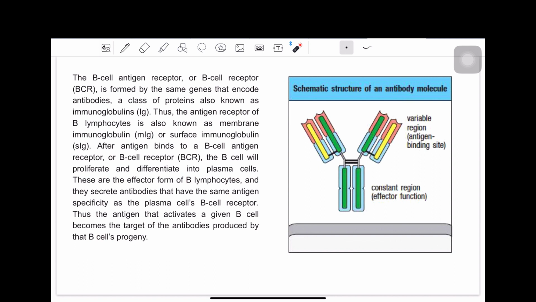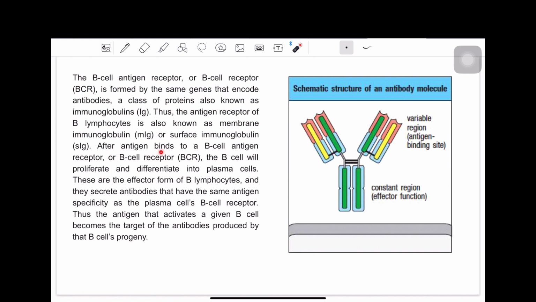It has a transmembrane part of this protein, which helps it to attach to the membrane, and that is why it is called the membrane immunoglobulin, or you can also call it surface immunoglobulin. Whereas the antibody molecule, which is secreted out of the B cells, does not have a transmembrane region, so it is secreted out of the B cells, and those molecules are called antibodies.